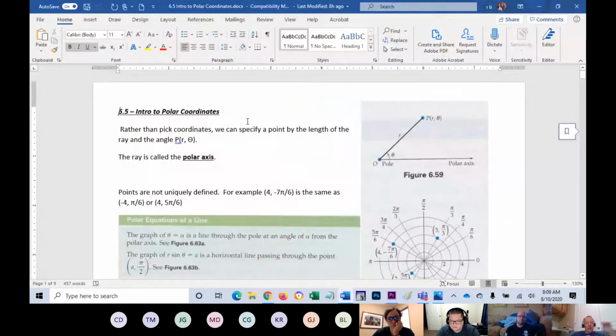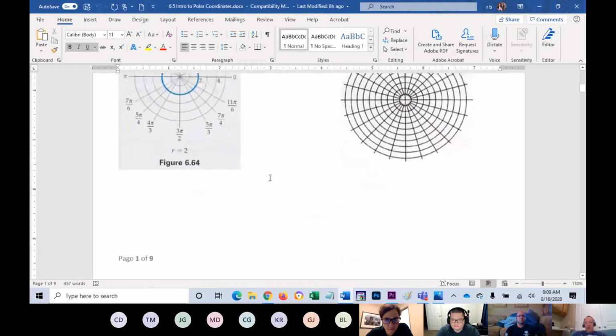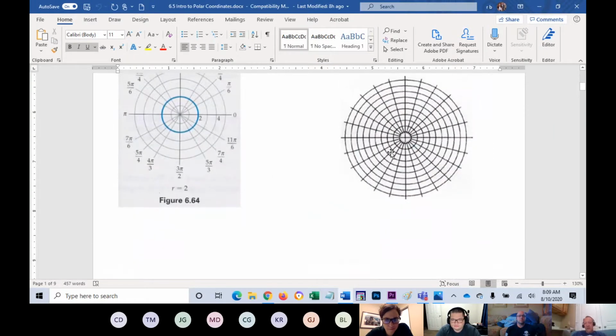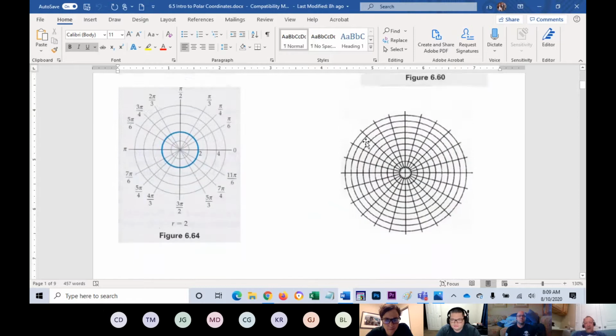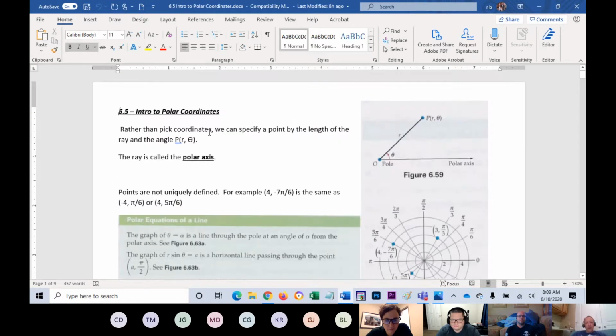All right, so we're going to do the introduction to polar coordinates. We're jumping all the way up to 6.5. Okay, so polar coordinates are very different because, in fact, a lot of times we'll use a graph similar to this. So the idea here is, rather than pick coordinates, we can specify a point by the length of the ray and the angle.